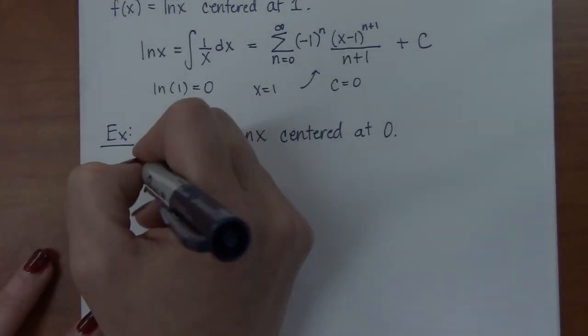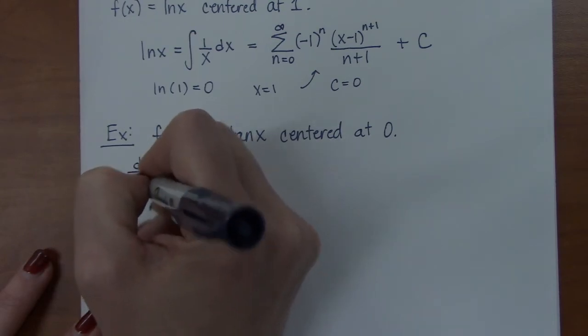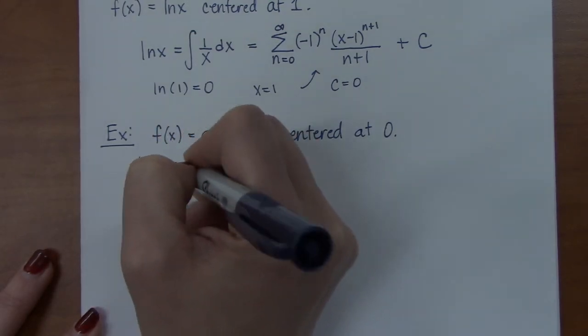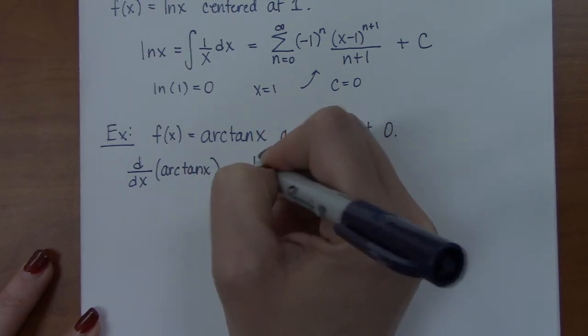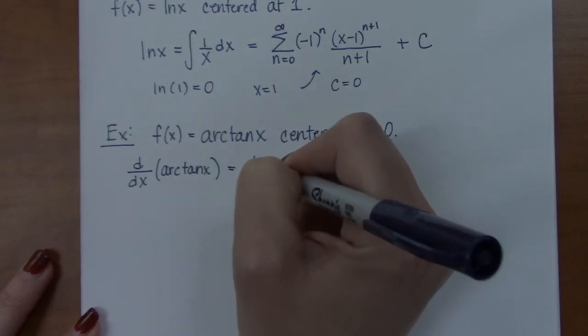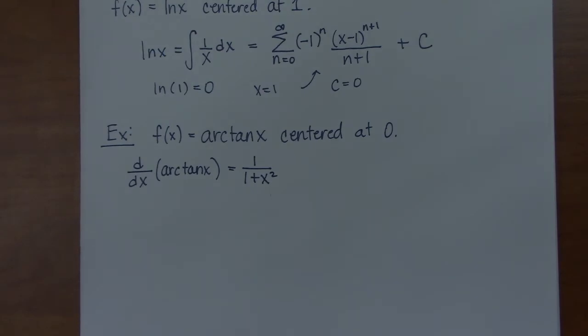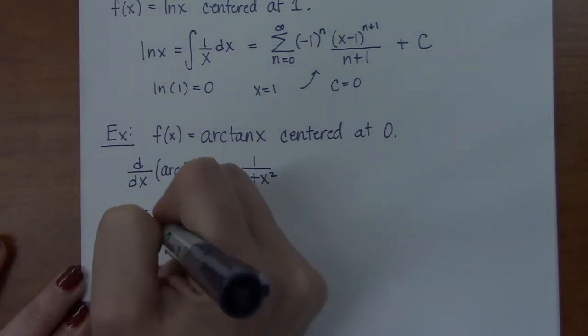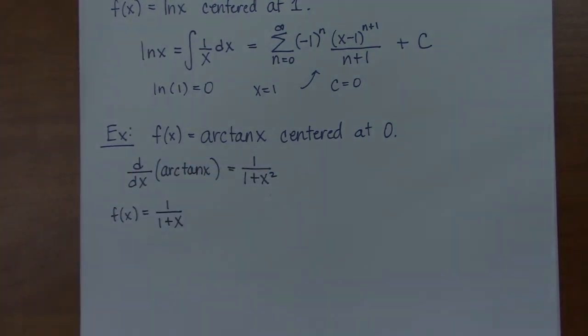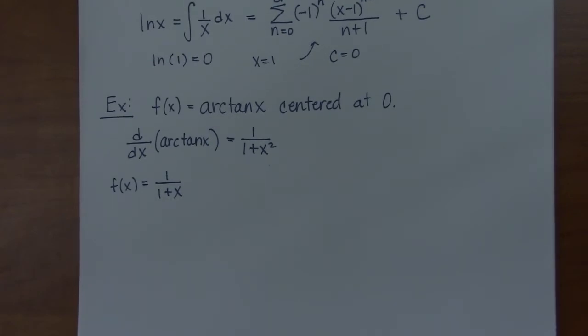However, we know that the derivative of arctan of x is 1 over 1 plus x squared. So I don't know the power series for that, but I do know that if I look at this guy, this is a form of the geometric series.